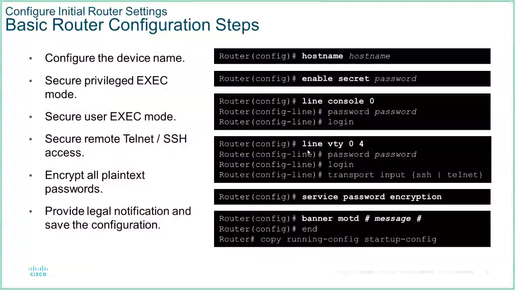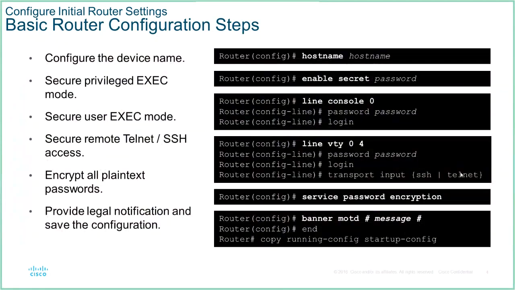Next we jump to our virtual terminal lines, our VTY 0 to 4. Again, we set password and login, and the next line is where we want to change it to SSH. We do transport input and we specify what connection type will be accepted.